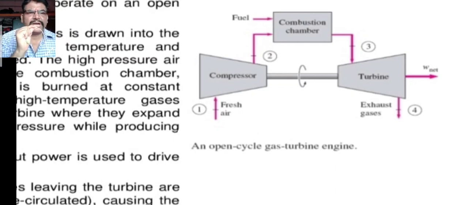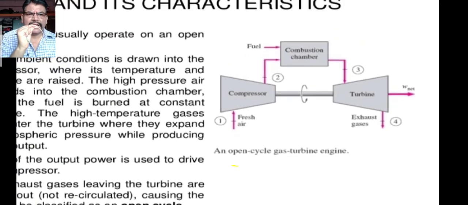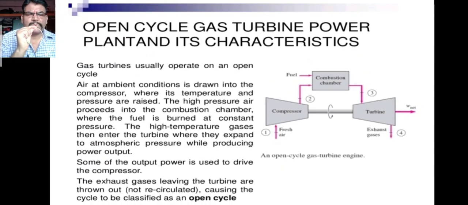When the fuel is supplied to the combustion chamber, after taking the inlet from the compressor with the help of the filter, the exhaust goes to the atmosphere and is not again supplied to the inlet of the compressor. That is the actual meaning of open cycle. The exhaust gas leaving the turbine is thrown out and not recirculated, causing the cycle to be classified as an open cycle.